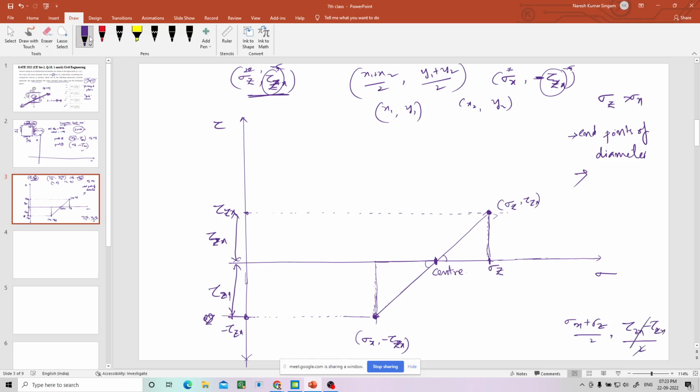So this is 0, that means the y coordinate is 0. Only the x coordinate is there. That is how this becomes the center of the circle. Now you know the center of the circle and you know the diameter, so you can complete the circle first.